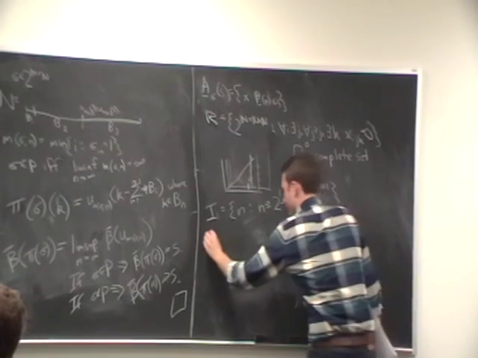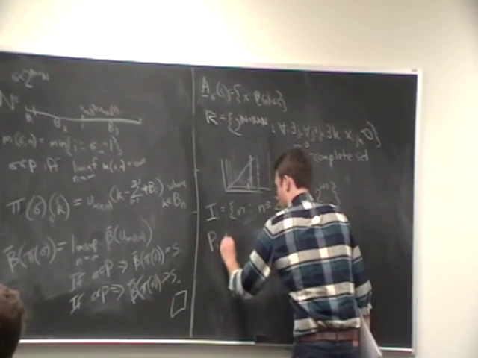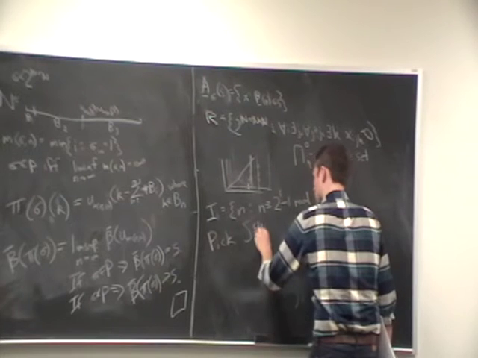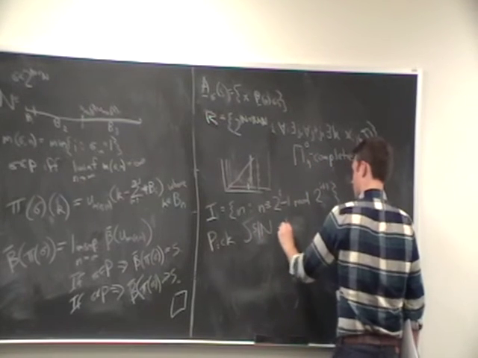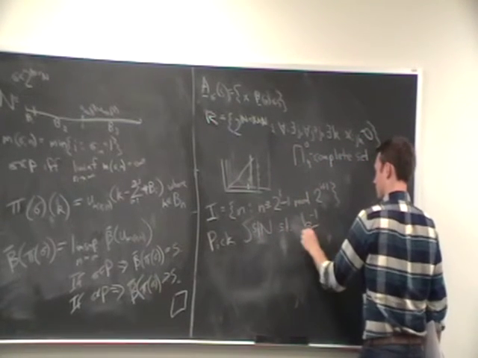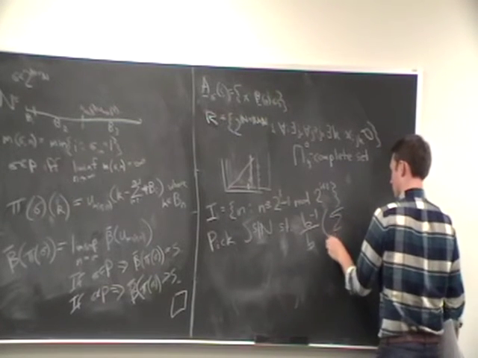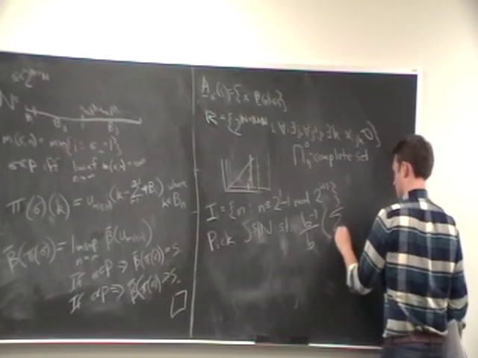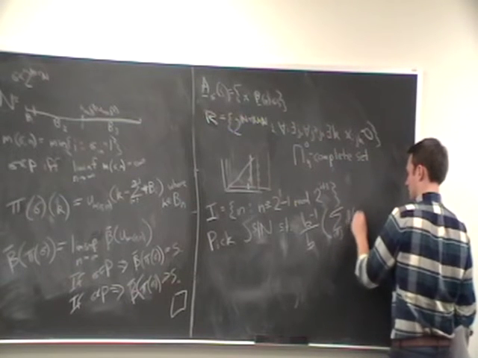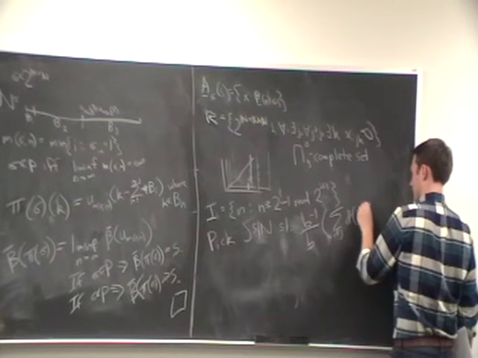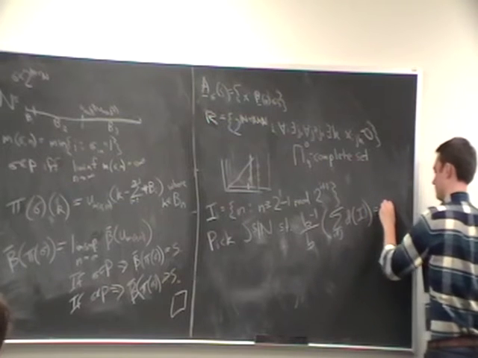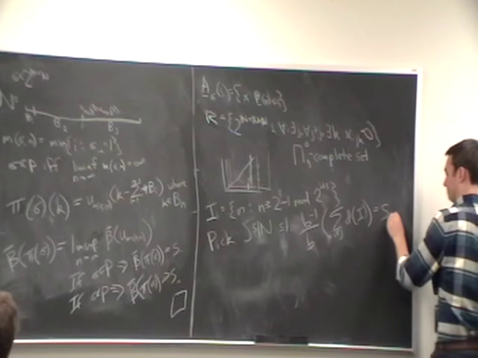And then what we want to do is pick a subset J of the natural numbers such that b minus 1 over b times the sum over i not in J of the density of I sub i is equal to s.